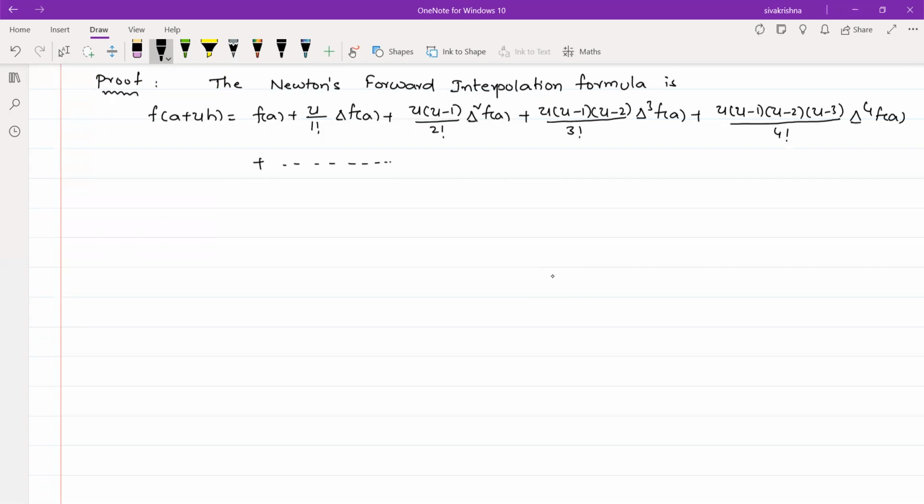Okay, this is Newton's forward interpolation formula.